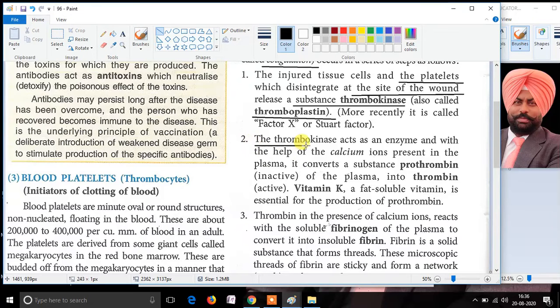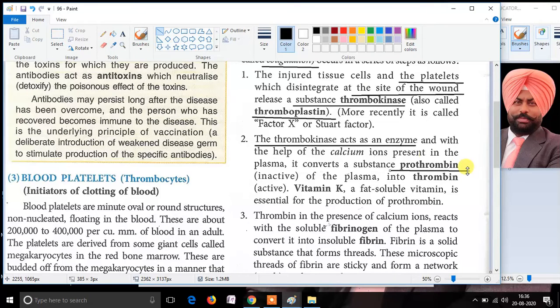This substance, thrombokinase, acts as an enzyme and involves calcium ions which are already present in the body, and it acts on a substance, prothrombin, which is already present in the blood.